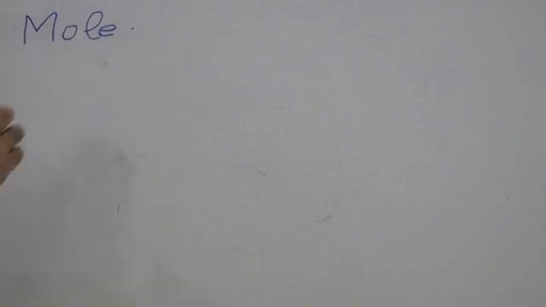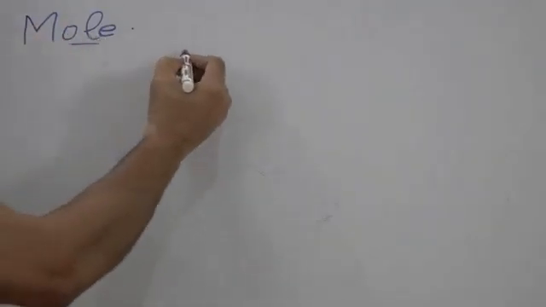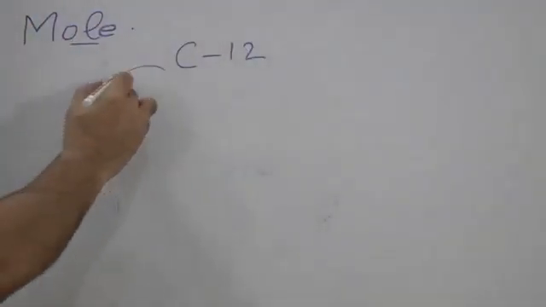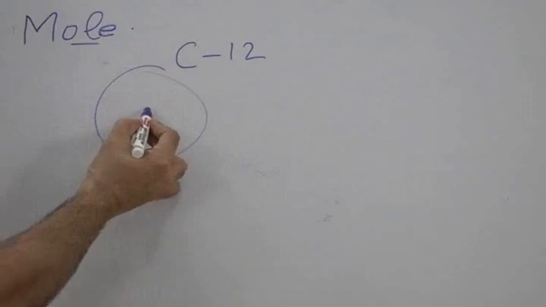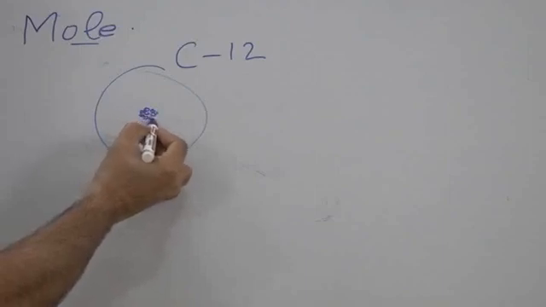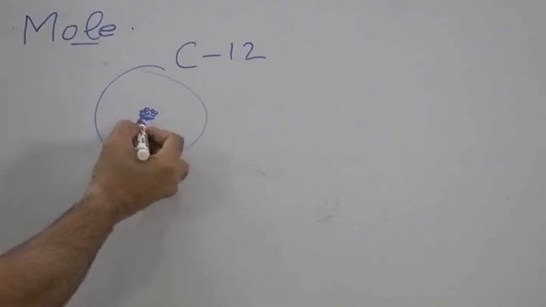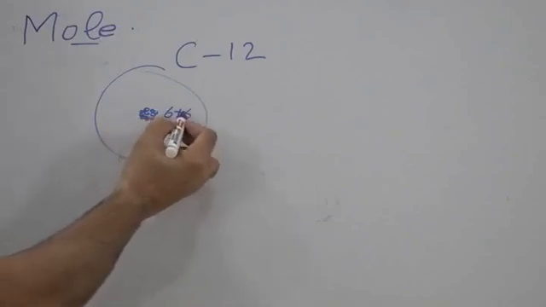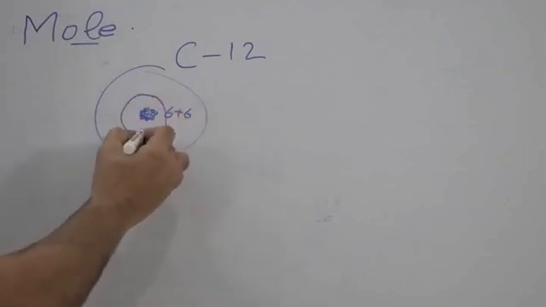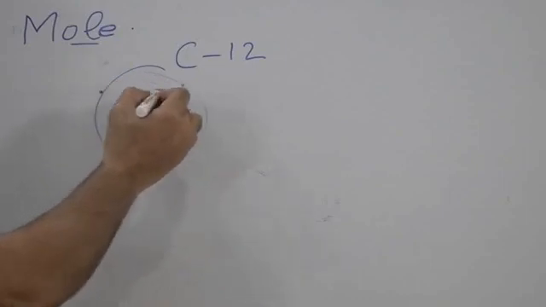That is why this quantity is standardized by the C12 isotope of carbon, which has 6 protons and 6 neutrons, and also 6 electrons.